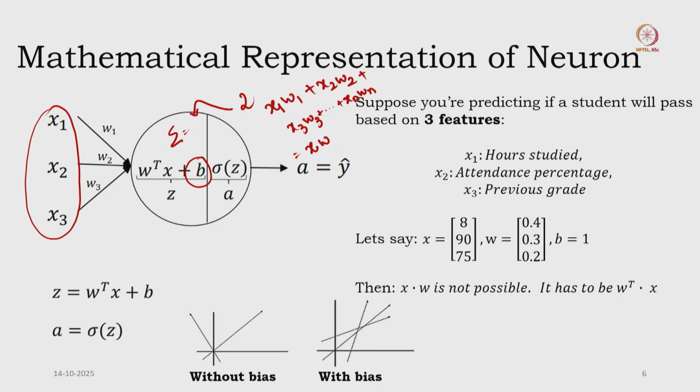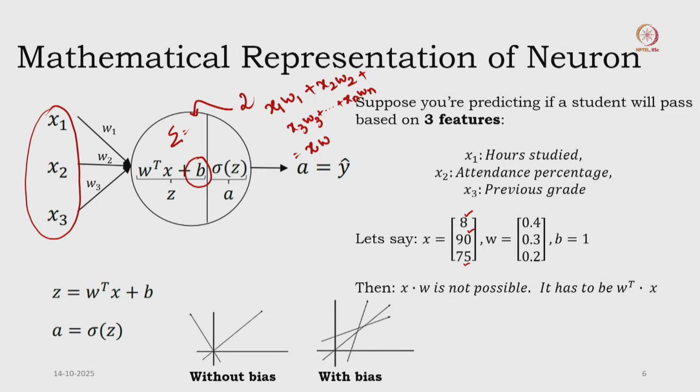What are the 3 input features? Let us assume we have x1 as the number of hours studied, x2 as attendance percentage, and x3 as the previous grade. So for a particular student, x1, the number of hours studied, let the value be 8, the attendance percentage is 90%, and the previous grade the student has obtained is 75%.